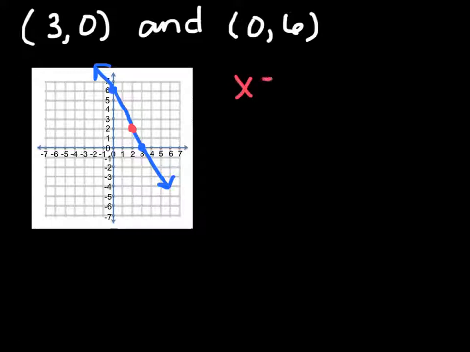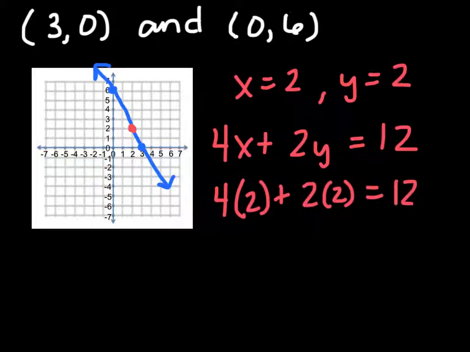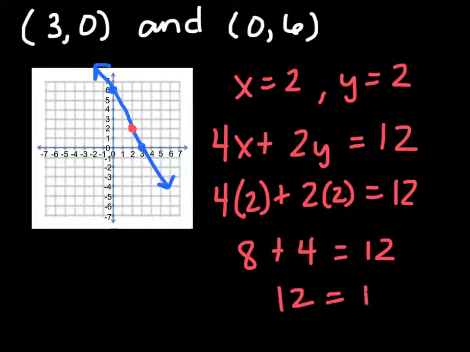So if x equals 2 and y equals 2, does that work in our equation of 4x plus 2y equals 12? Well, it gives us 8 plus 4, which does indeed equal 12. So you can see here that we actually used our graph to find our missing point.